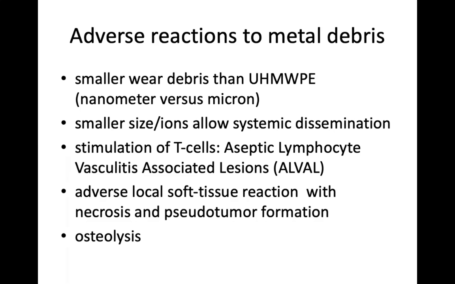In general, metal leads to smaller wear debris than ultra-high molecular weight polyethylene, nanometer versus micron. Smaller size and ions allow systemic dissemination of these wear particles. There's stimulation of T cells, and there are aseptic lymphocyte-dominated vasculitis-associated lesions, or ALVAL. There are adverse local soft tissue reactions with necrosis and pseudotumor formation. And there's osteolysis.